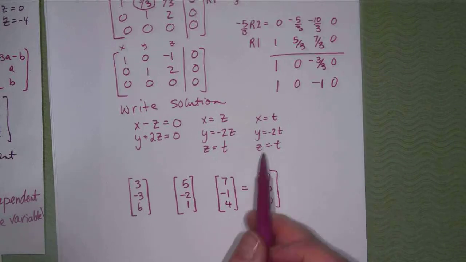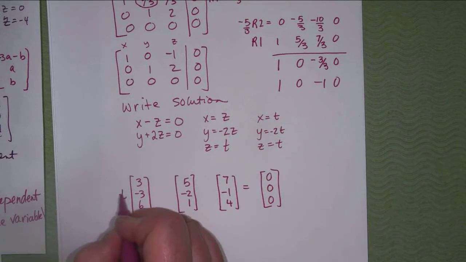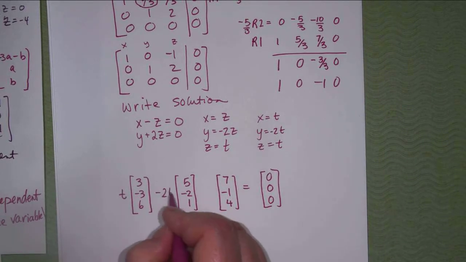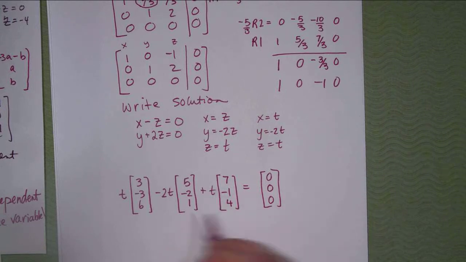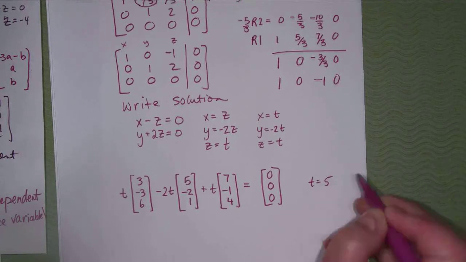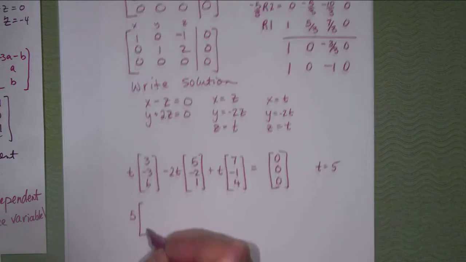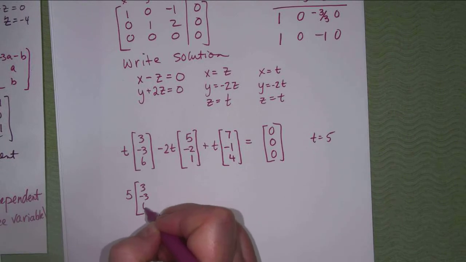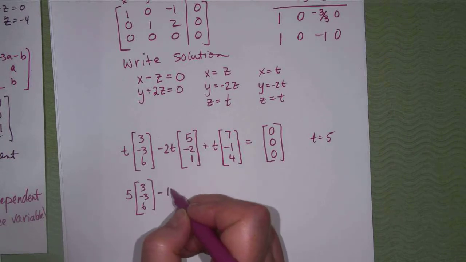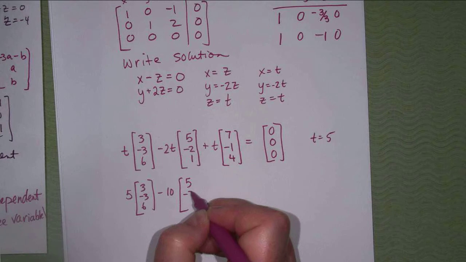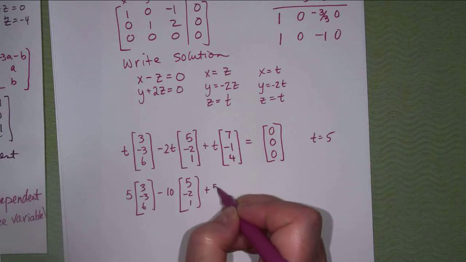And so what we found is x is t, y is minus 2t, z is t. That would be possible with t's in there. You could put a number in for t. Say we let t equal 5, then what would we have? 5 times that, minus 2 times 5 is 10, 5.